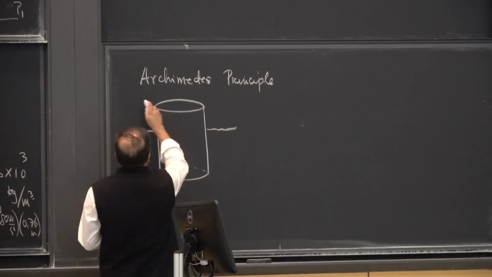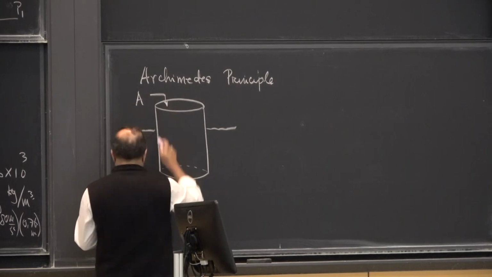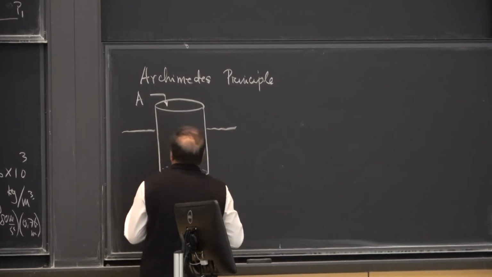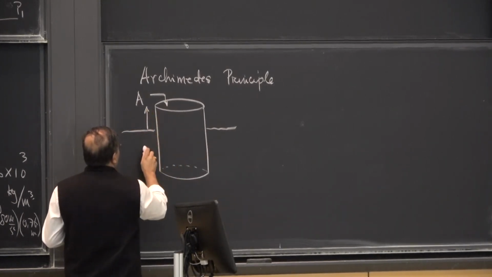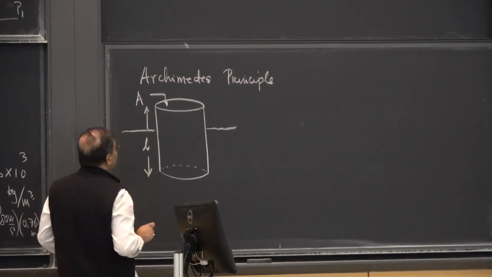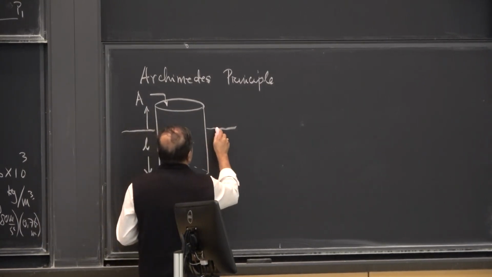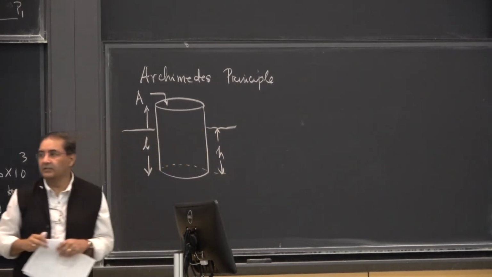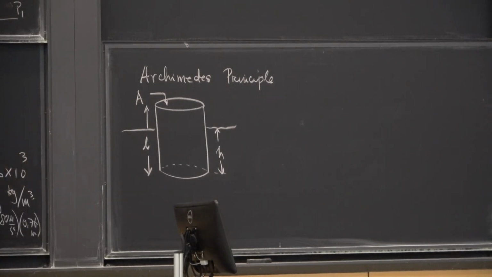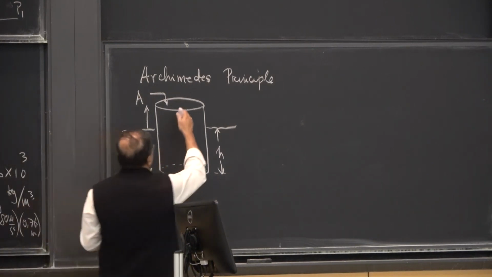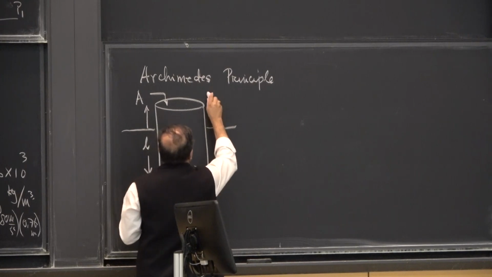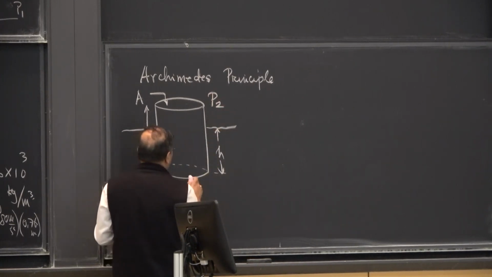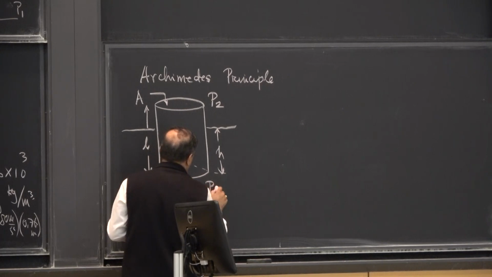So let us say the cross-section area here is A, and let's say the length of this is L, and let's say the height by which the lowest part of the cylinder comes up to the level of the liquid is H. So we need all these parameters. The cross-section area is A, and the pressure here can be P2. The pressure here can be P1.